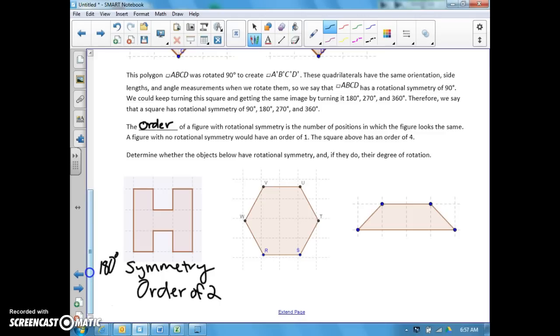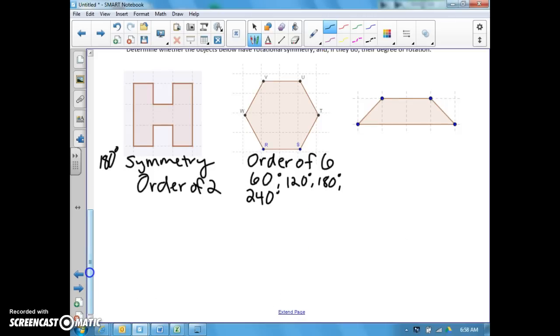The hexagon here has, well, if we look, I could rotate it 6 times, so it has an order of 6, and it has rotational symmetry of 60 degrees. And we could continue that 120 degrees, 180, 240, 300, and 360.